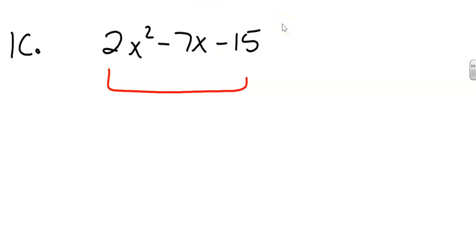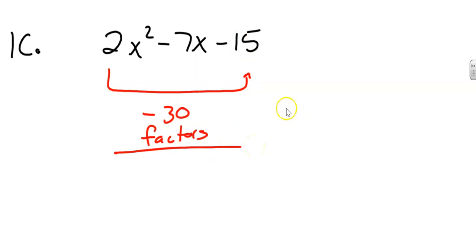Okay, I knew something was wrong when I looked at it. So we're going to do 2 times negative 15. So that is a negative 30, and that's what we need to find the factors of. And we want the sum to equal a negative 7.